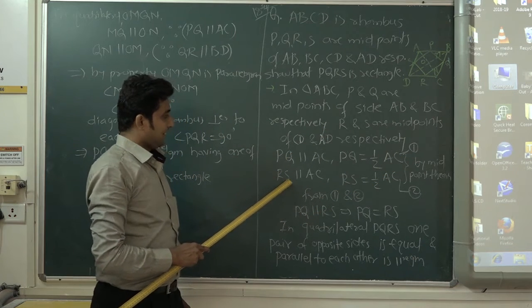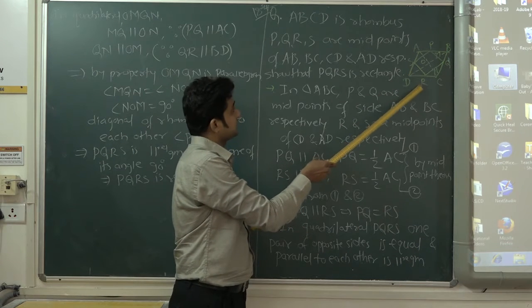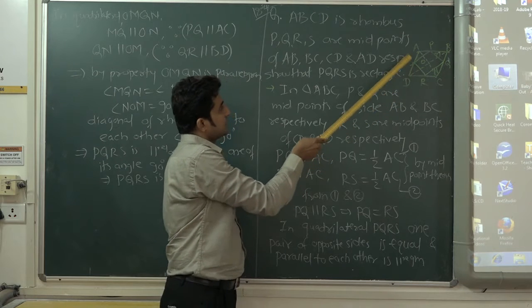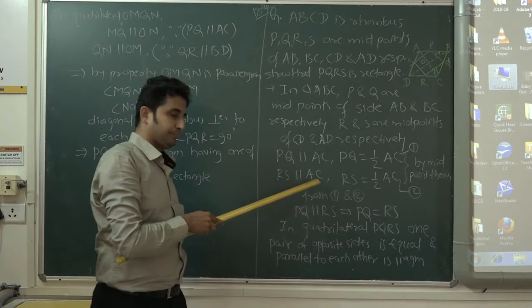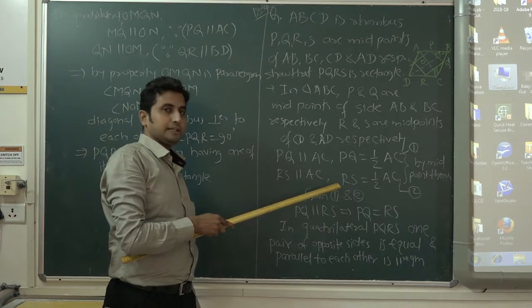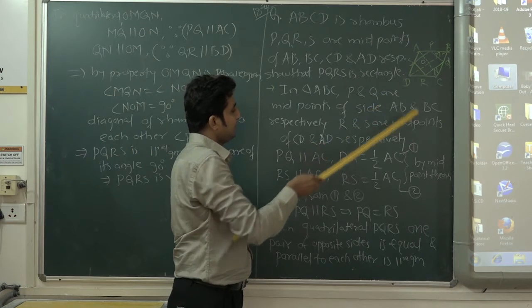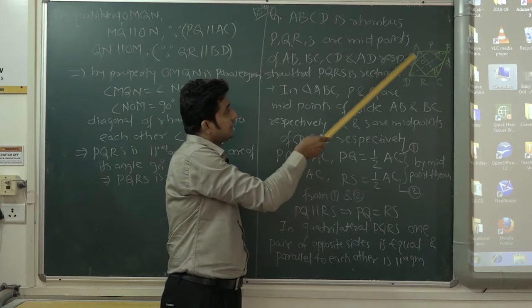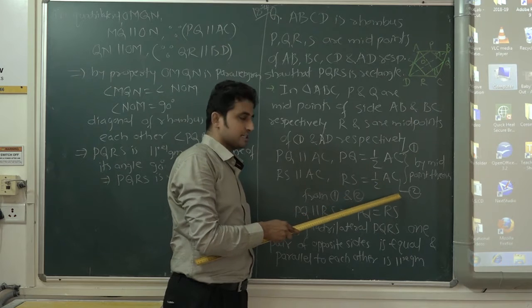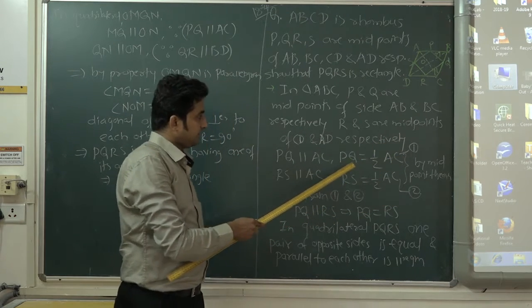Now, RS is parallel to AC. So RS is parallel to AC, which means RS is half of AC. Call this 2.